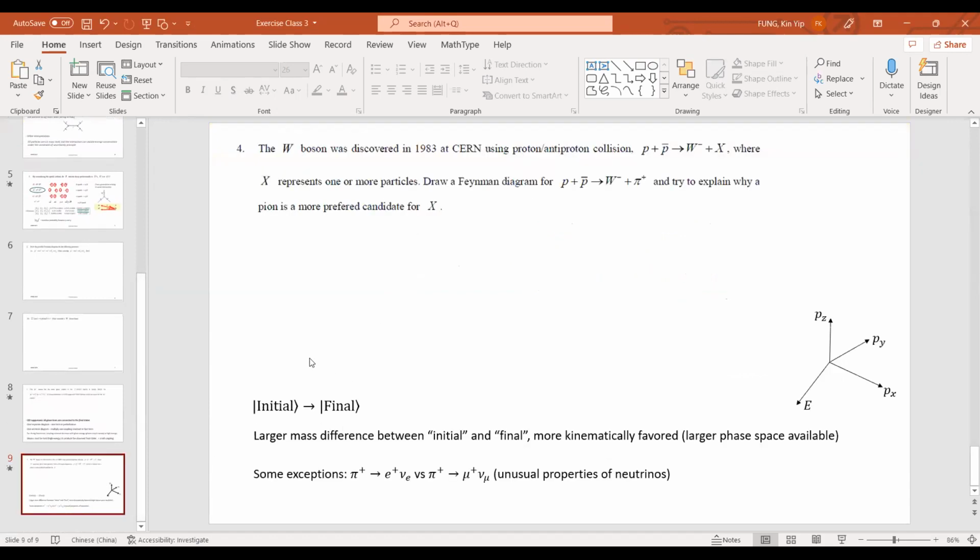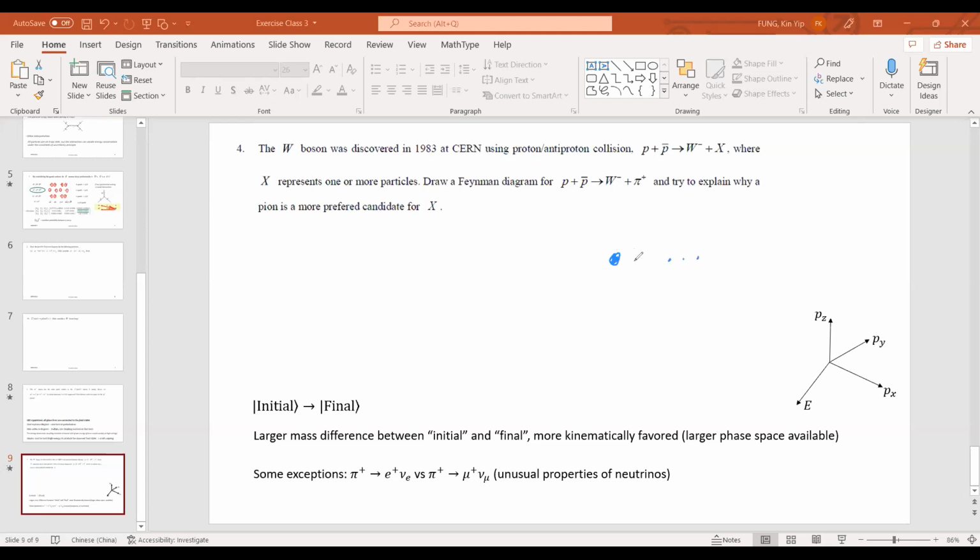The basic idea is in fact quite intuitive. For example, you can consider the decay of a particle.